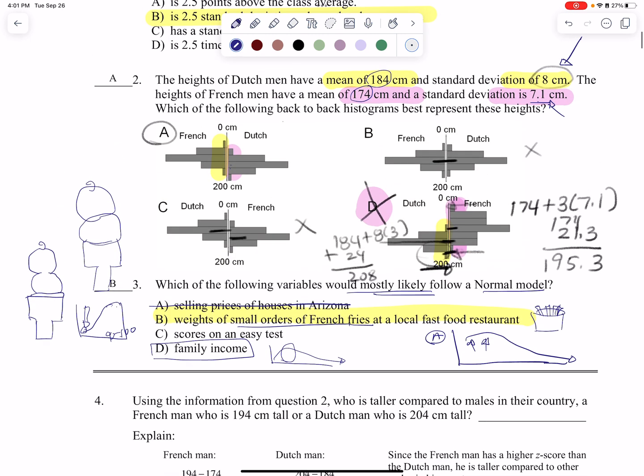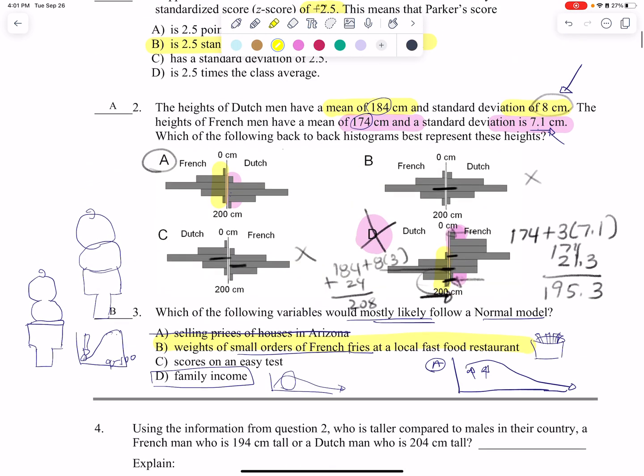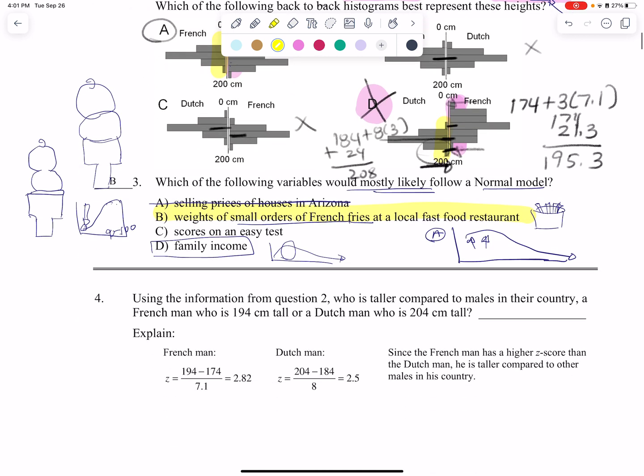Okay, using the information in question 2, so go back to question 2 where I have the mean information of the Dutch and the French. Who's taller? The Frenchman is pink and the Dutchman is yellow. We computed the Frenchman's z-score of 2.82 and the Dutchman's of 2.5. And how did we get the z-score?